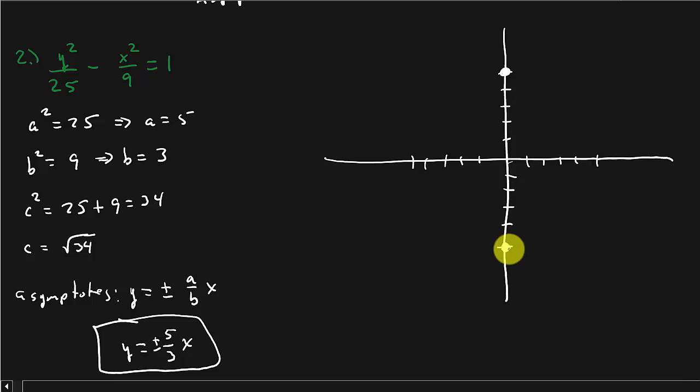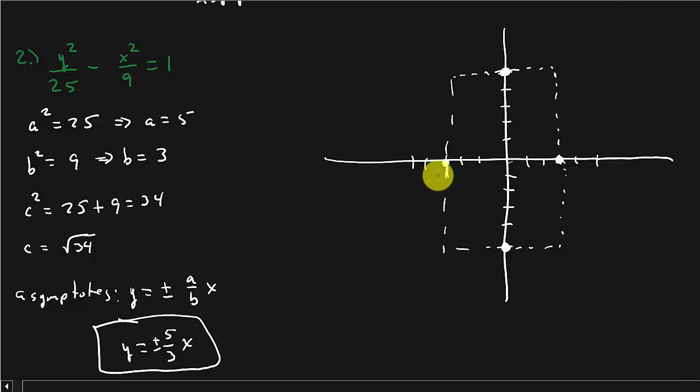Okay. And then b, we're going to go to the right 3 and to the left 3. Now, that's not to scale at all, but oh well. And then, just kind of sketch this box in there. And when you're drawing these things, be a little more careful of how you do your tick marks.